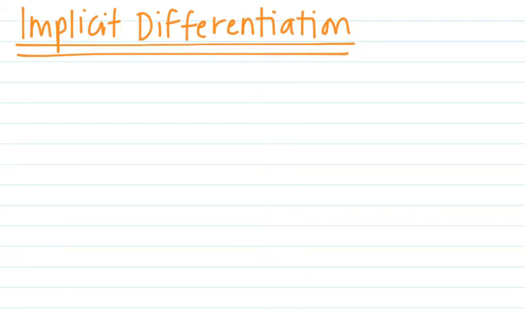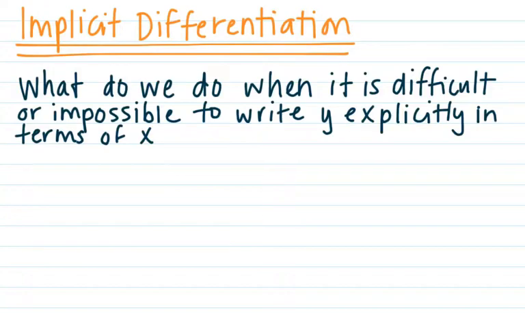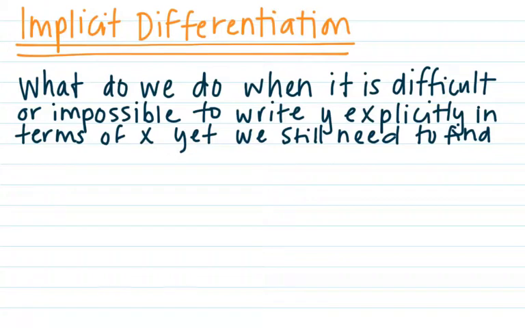All right, welcome to the lesson on implicit differentiation, where we ask ourselves, what do we do when it's difficult or maybe even impossible to write y explicitly in terms of x, and yet still need to find the derivative of y with respect to x?